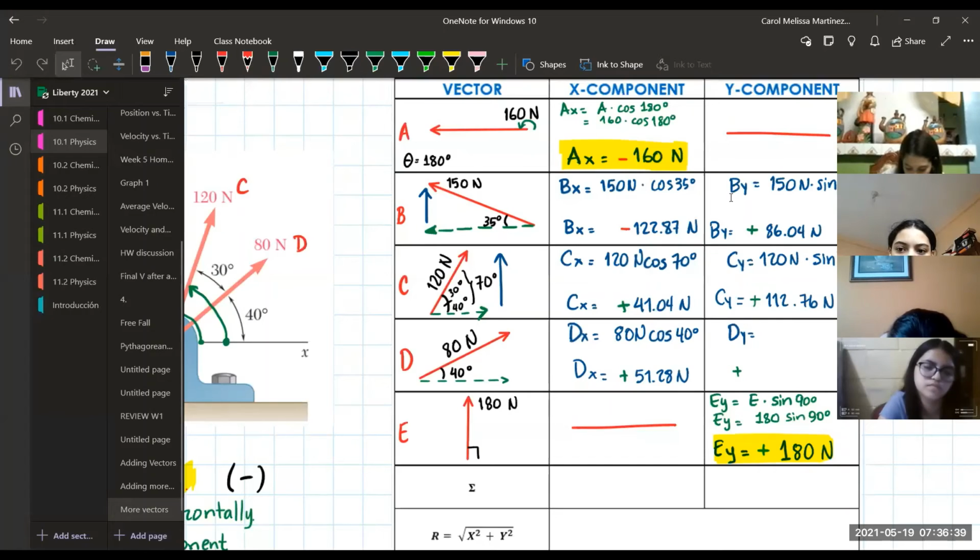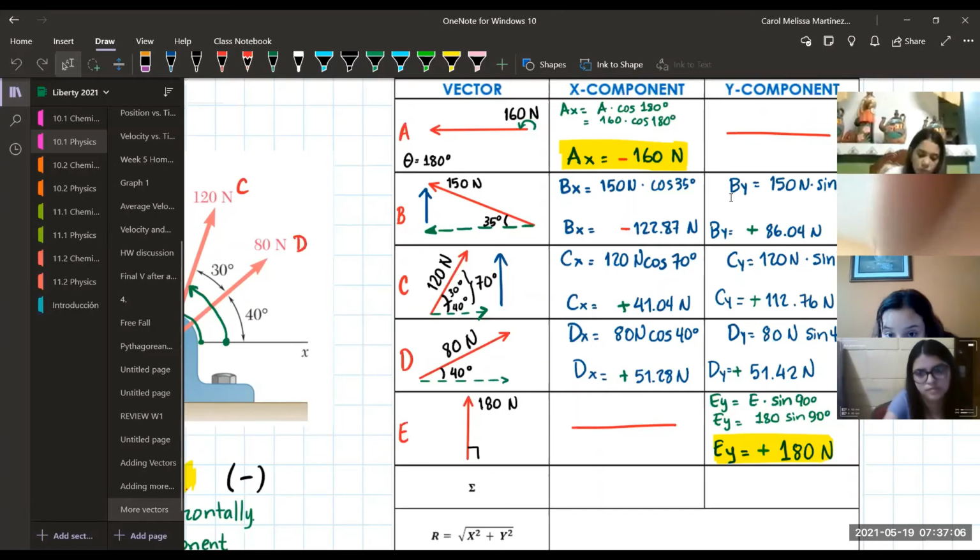The Dy, therefore, is going to be using the other trigonometric function. The Dy is equal to 51.42 Newtons.